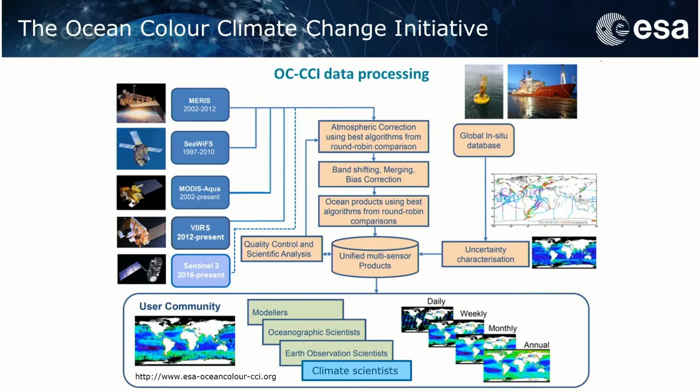There was an earlier ocean colour sensor, which I talked about very briefly in the Wednesday presentation, called CZCS. This was a proof of concept ocean colour sensor from the mid-1970s to the mid-1980s.